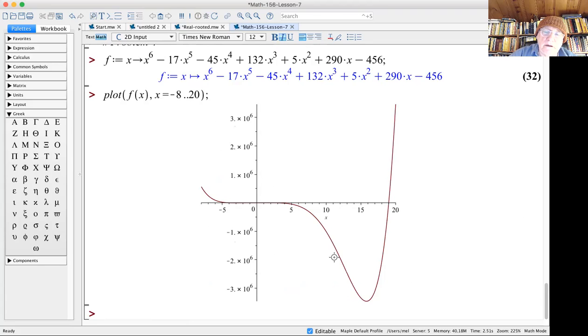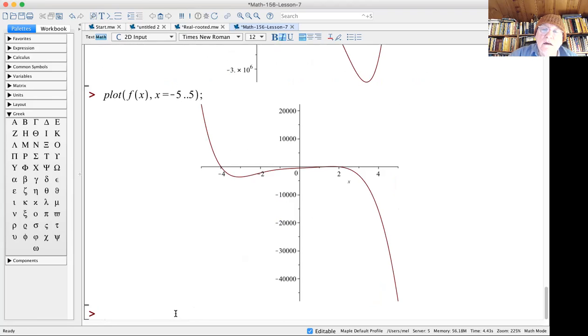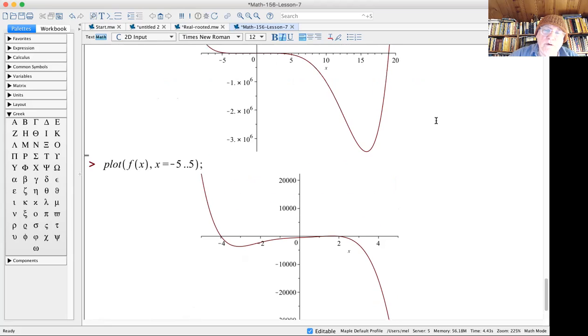It's not completely clear what goes on, but it clearly crosses the axis in here and here. Let's just blow it up in this range just to see what happens. So it looks like this crosses the axis at 1, 2, 3, and then 4 points.